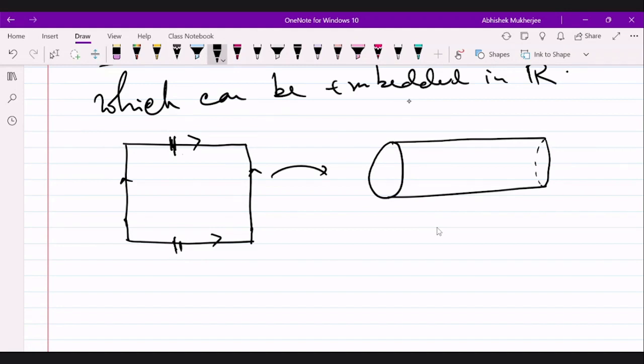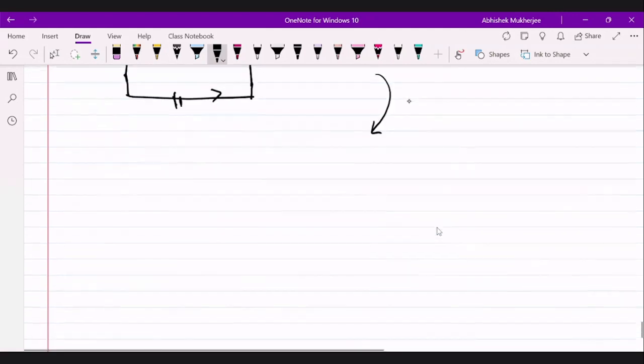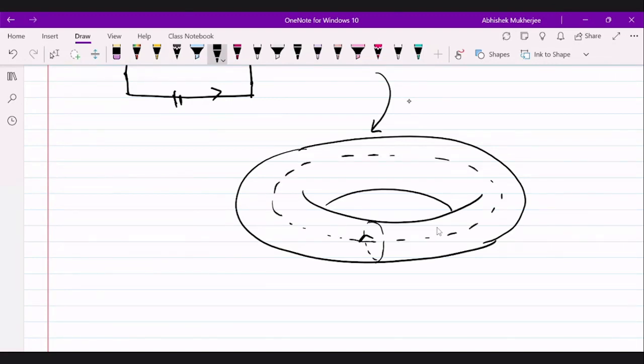So this has been glued, and after this process, you can take another identification, identifying these two boundary curves, to get a space something like this. Okay, great. So this is a torus.